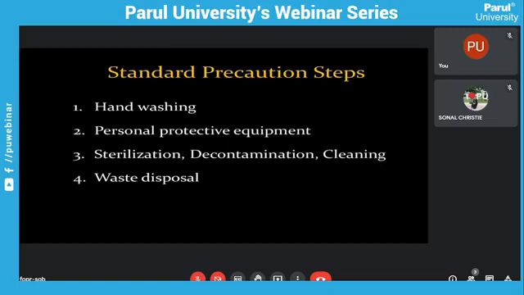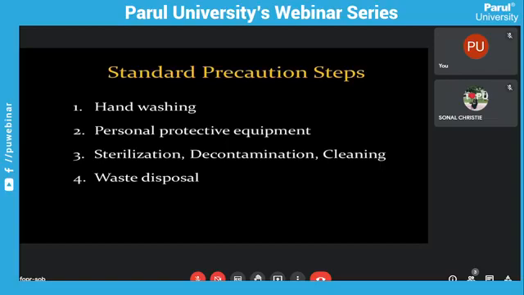Here are some standard precaution steps. First and very important is hand washing. As everyone knows, hand washing is very important in the prevention and control of any kind of infection. It is the first measure every healthcare personnel uses, the proper steps of hand washing. Then second is personal protective equipment.